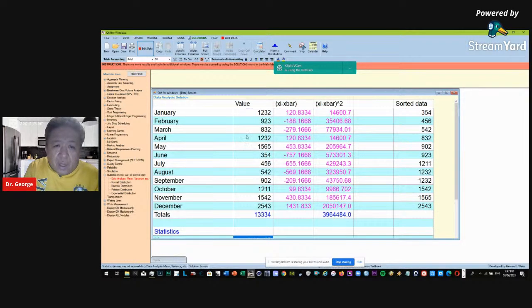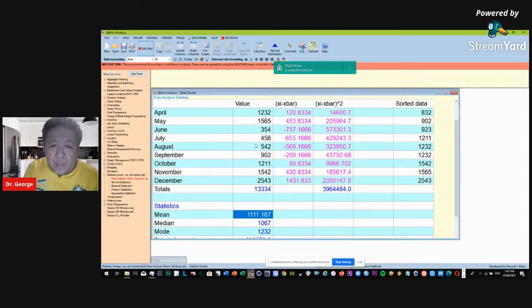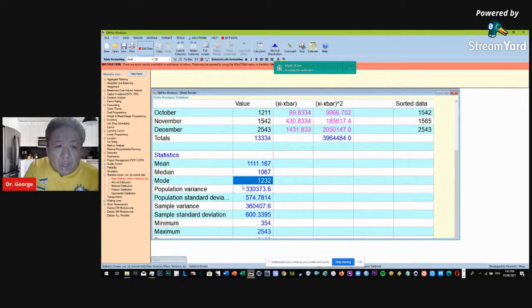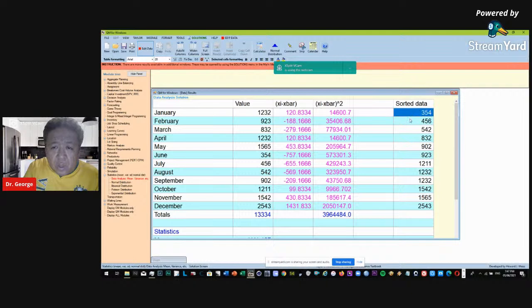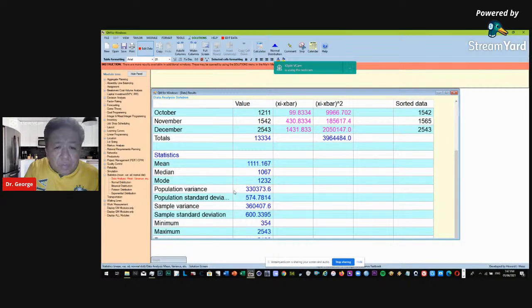Okay, and then just go through, and they computed for the mean, the median, the mode. What is the mode? 1, 2, 3, 2. Okay, population variance, etc. We have the minimum, the maximum, and all that. So also it sorted the data from lowest to highest.